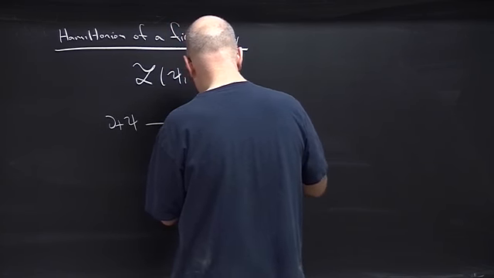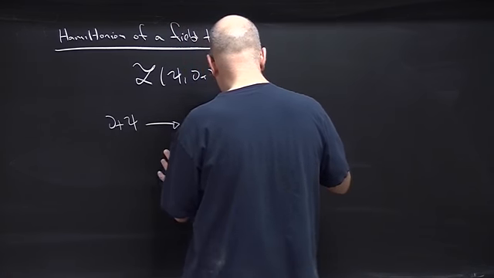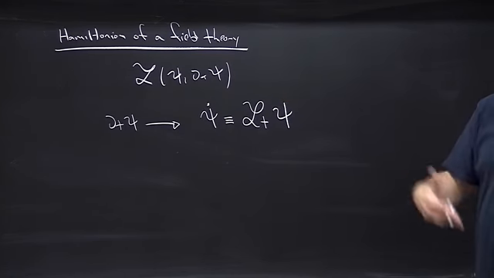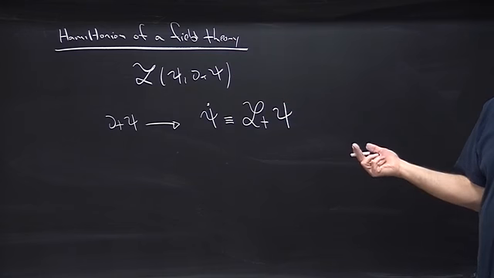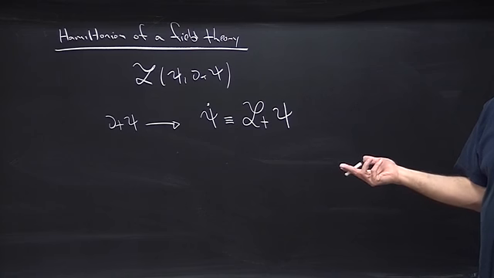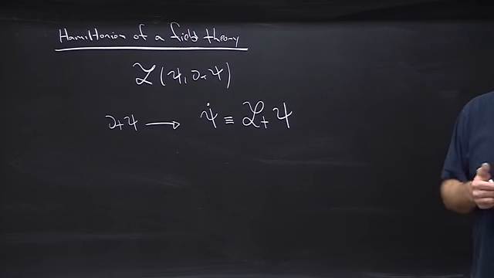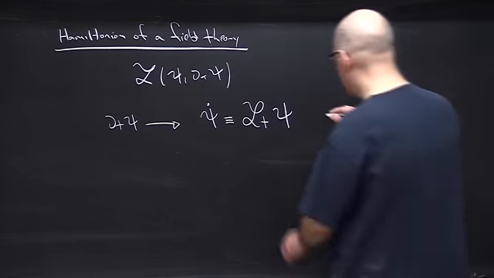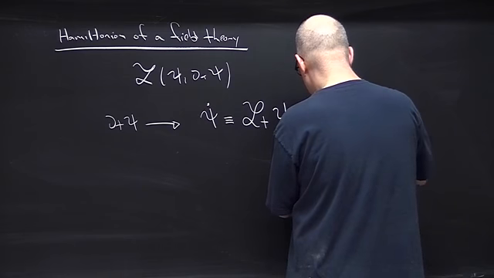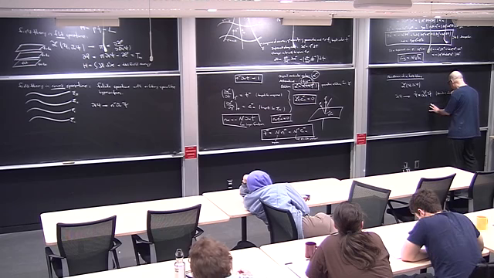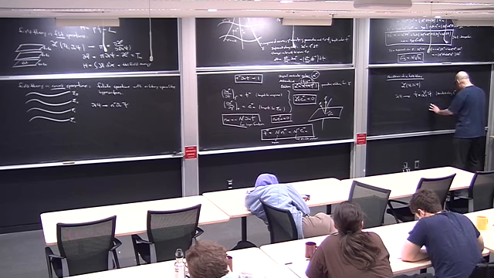And psi dot, by definition, is going to be the Lie derivative of our scalar field along t. If we are dealing with a scalar field, of course, there's no distinction between the Lie derivative and a partial derivative. But if we were dealing with a vector field theory, or later on, as when we do this for gravity, we'll take it very seriously that we mean a Lie derivative. So this is the derivative along t, not n.